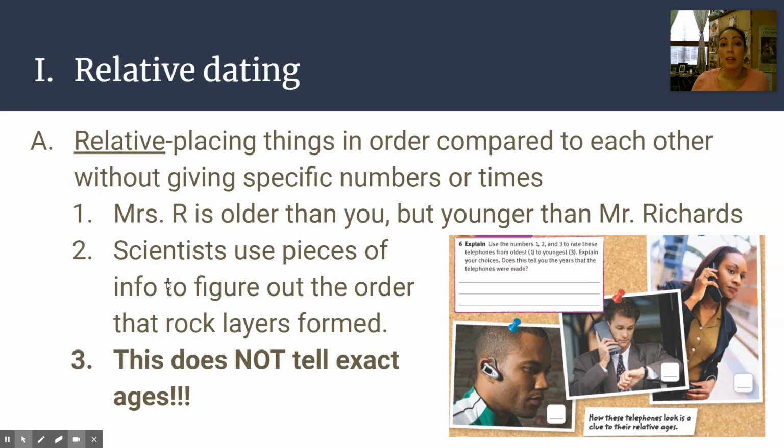So that would be number 1. And then this woman here on the flip phone, that would be phone number 2. And then the guy in the bottom left with the Bluetooth would be phone number 3. That's the most recent. And without even realizing it, you're using clues to figure that out. First of all, the size of the phone, how convenient the features are, all of those things play a factor into adding in clues of which one came first, second, and third.